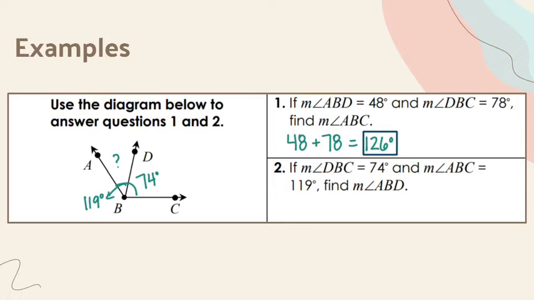So what this means is that 74 plus x equals 119. Or we could say 119 minus 74 equals the value of our missing angle, which is going to be 45 degrees.